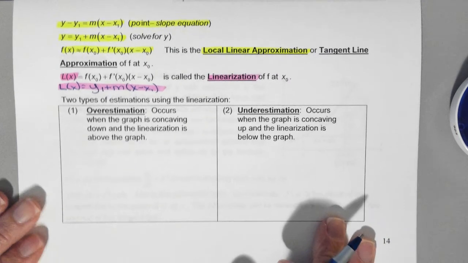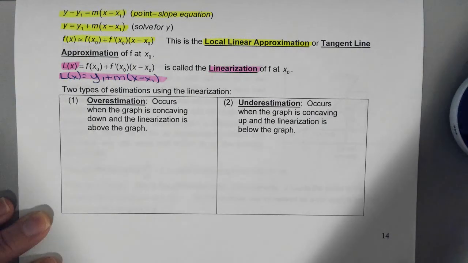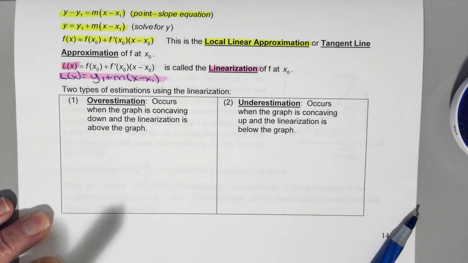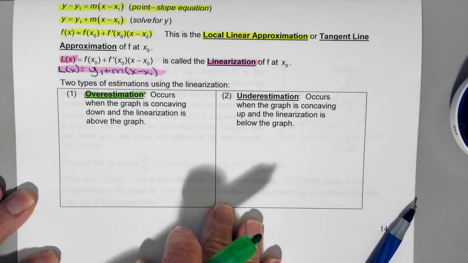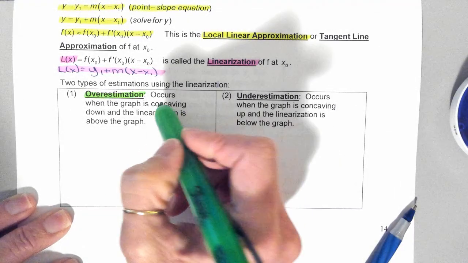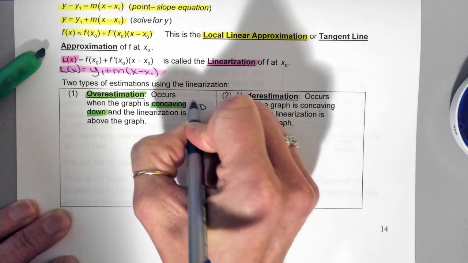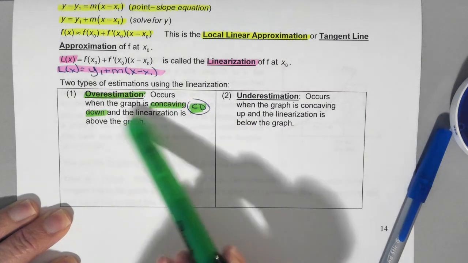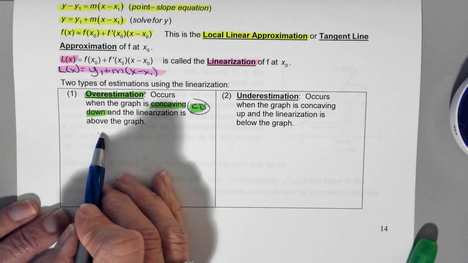There are, however, some discrepancies in the value that you get once you plug in. Sometimes you are either over or underestimating, depending on what the curve looks like at that given value. So the value you find is considered an overestimation if your original function is concaving down, which we will indicate by CD, okay, concaving down, and the line that you are using to approximate the value is above the graph.